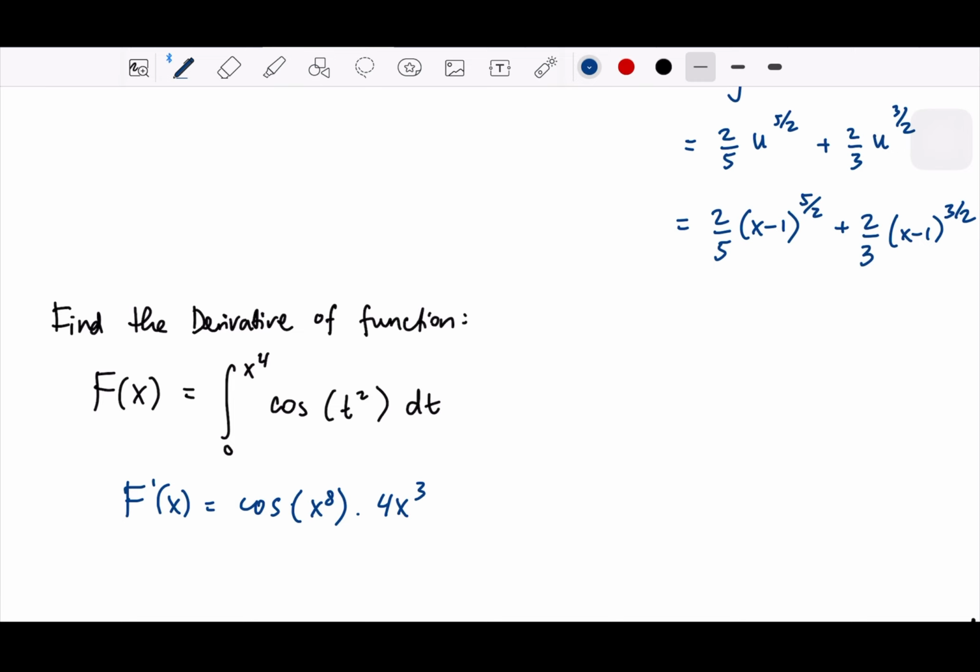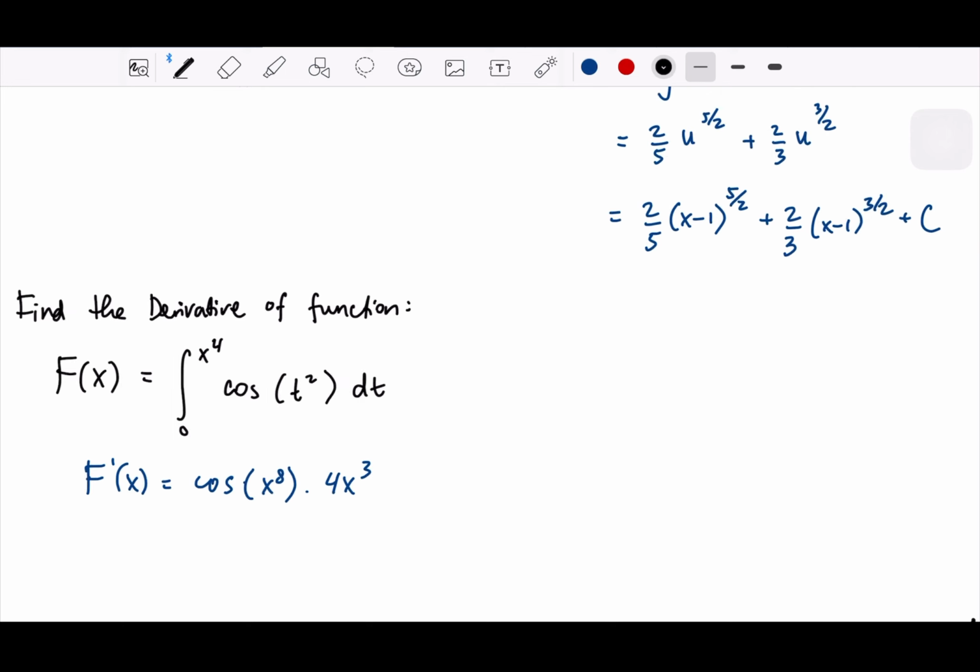Okay. Now what happens when we have, let's say, g? Let's take another function. Maybe the integral from x to 1 of the square root of t plus sine t, dt.